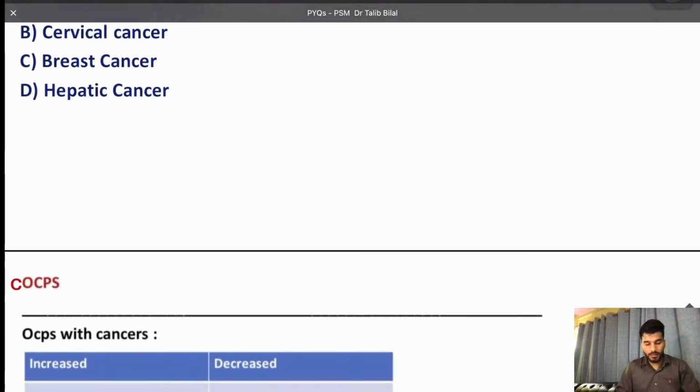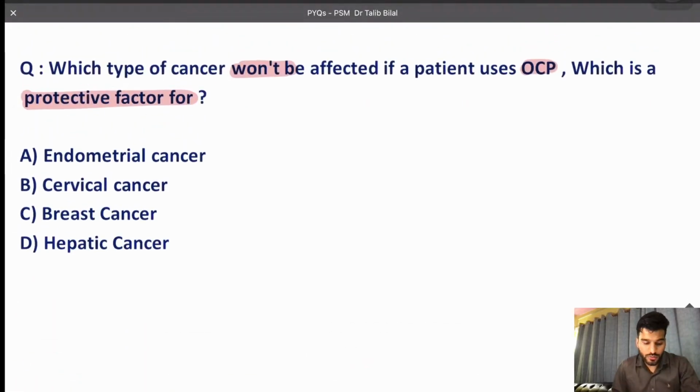So write down the answer in the comment section, guys. OCPs are a protective factor for which cancer?